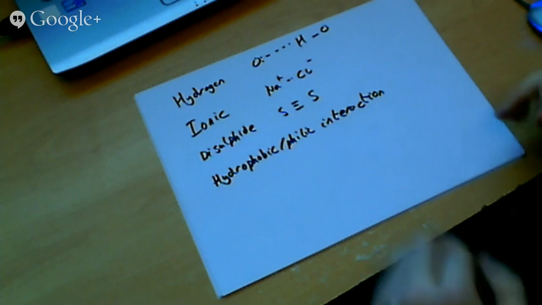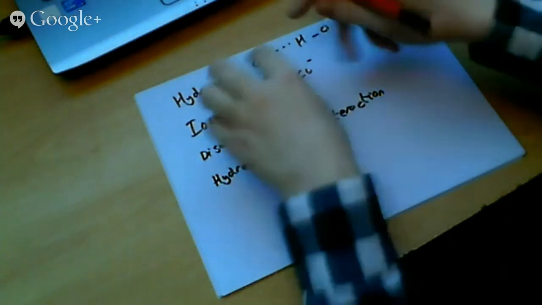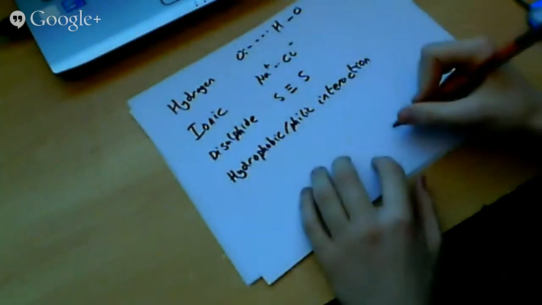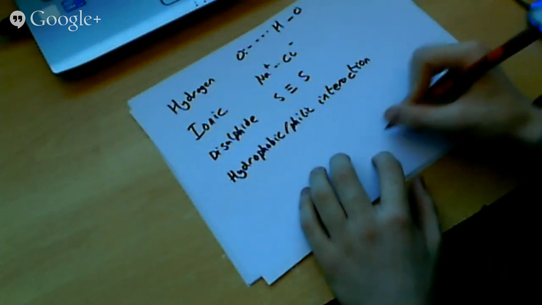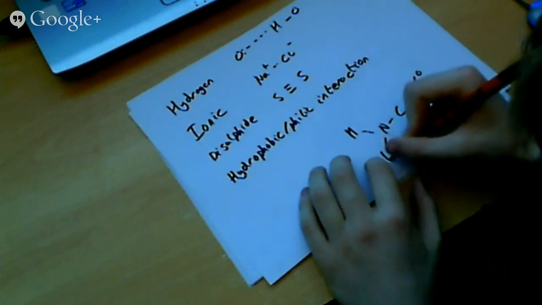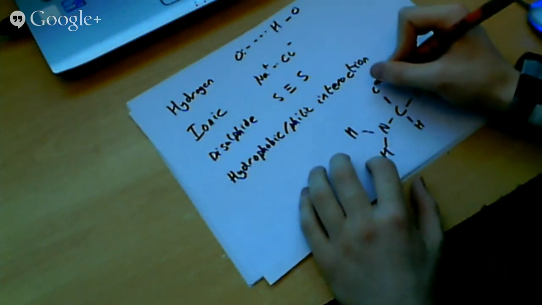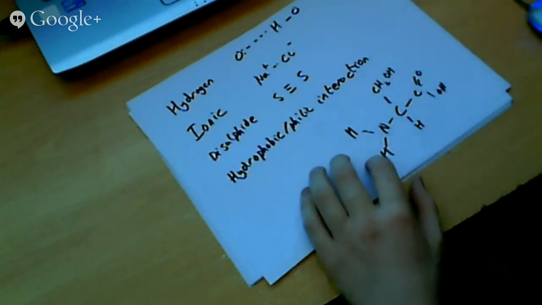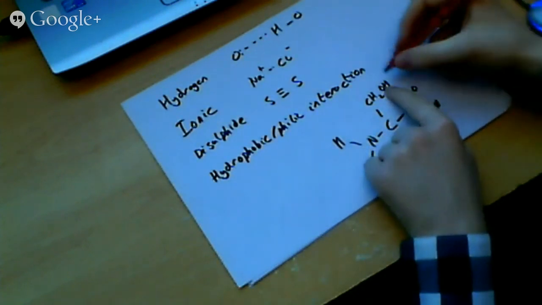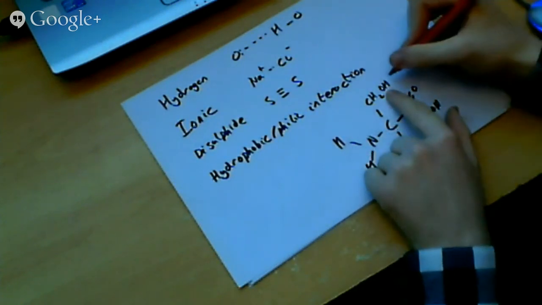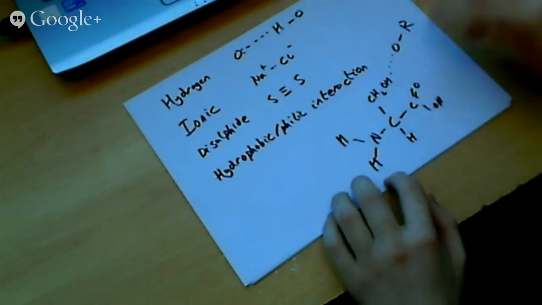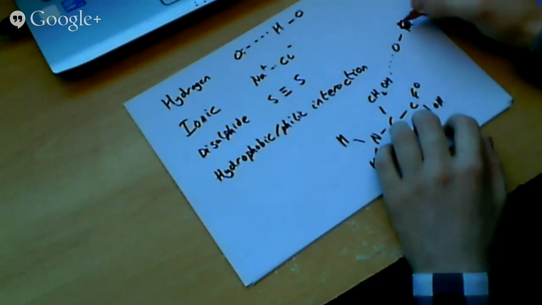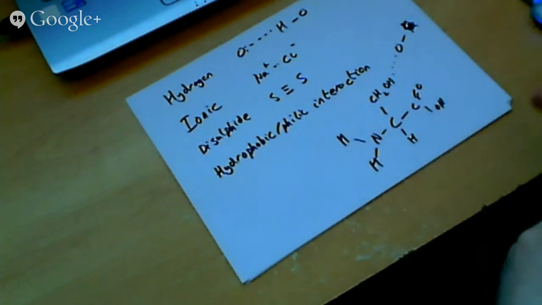Now, if you have an oxygen on the R group of the amino acid, let's say it was CH2OH, that hydrogen there could then bond with an oxygen on another amino acid. Basically, it'll bond, and then this will change the shape.